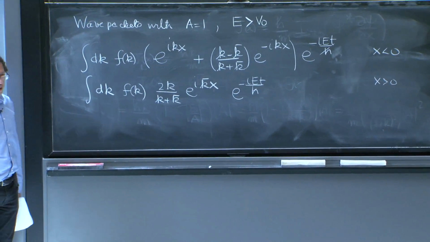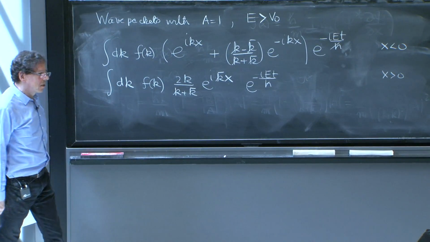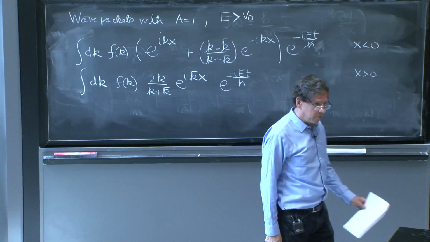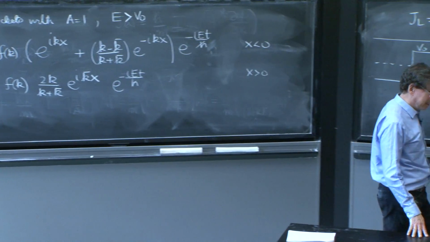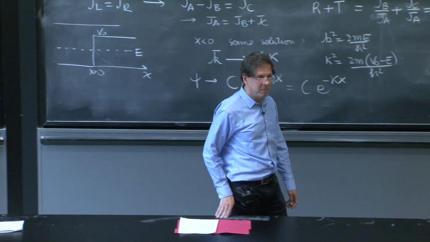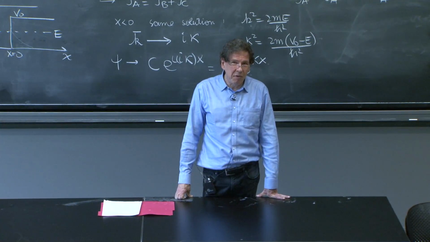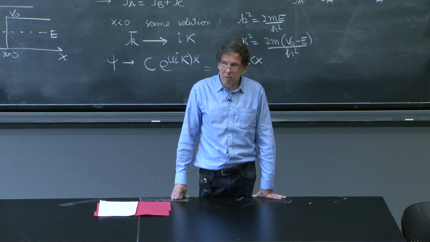That's still a solution of the Schrödinger equation. Now I want to ask you what limits I should use for that integral, and if anybody has an opinion on that. It might naively be minus infinity to infinity, and that might be good, but maybe it's not so good.